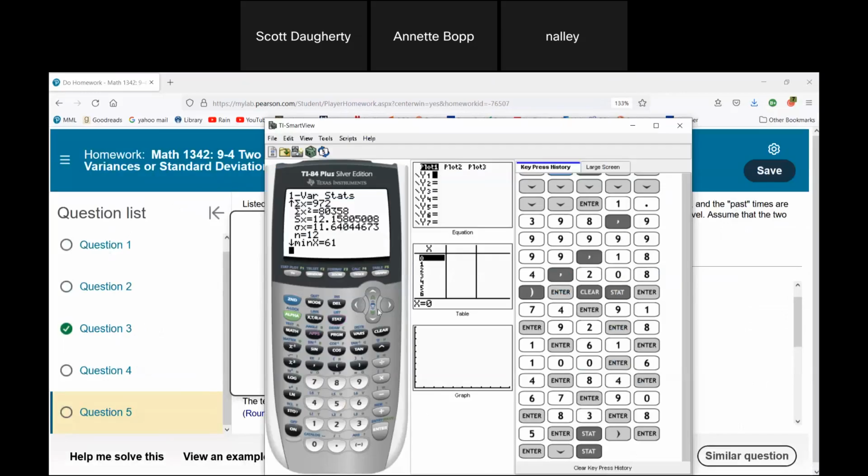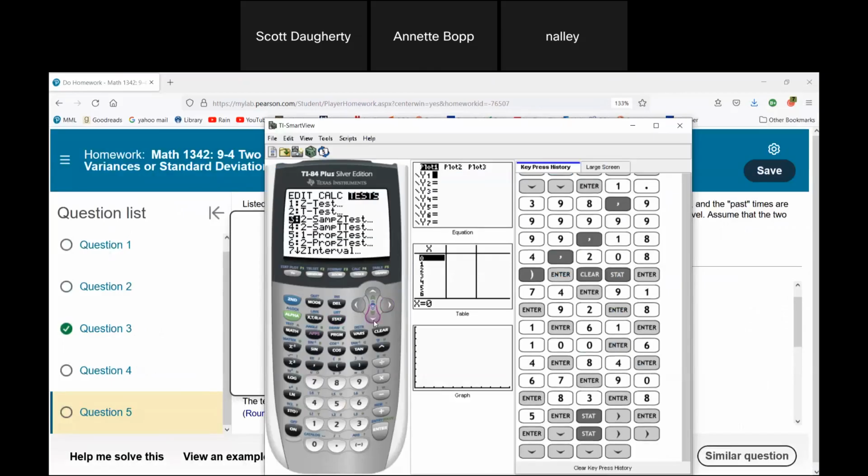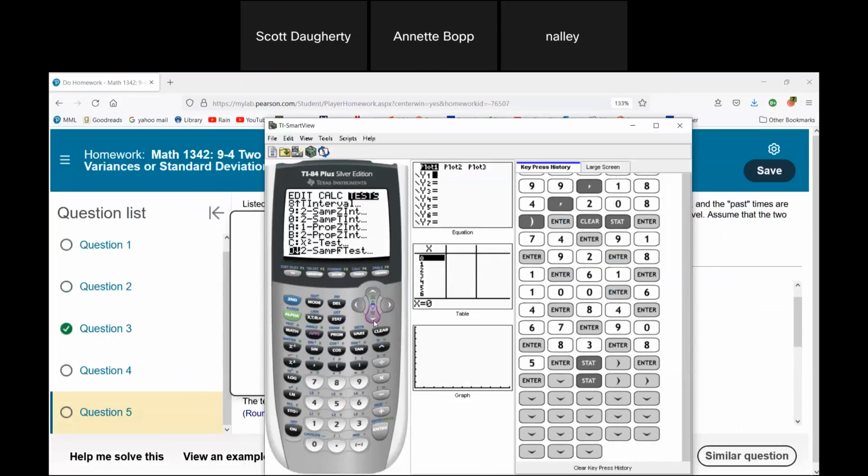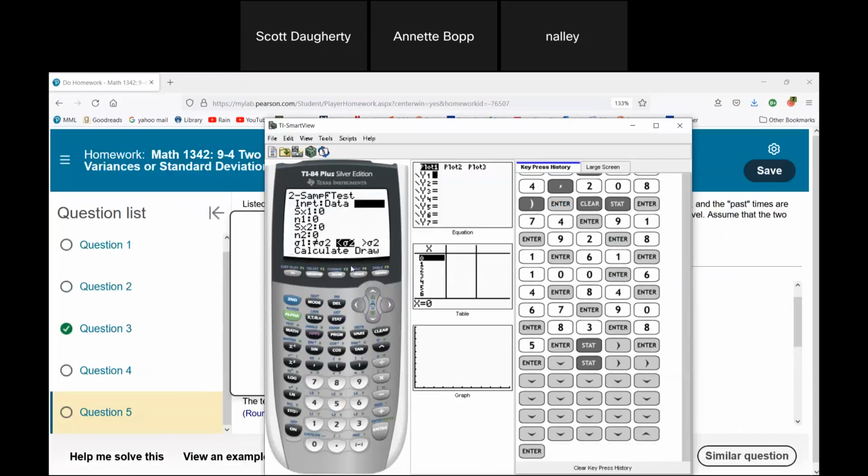Let me see something for a second. I think there's an F test on here. Let me just see. There's a two sample F test. And if they give you the summary statistics, you could put those in.